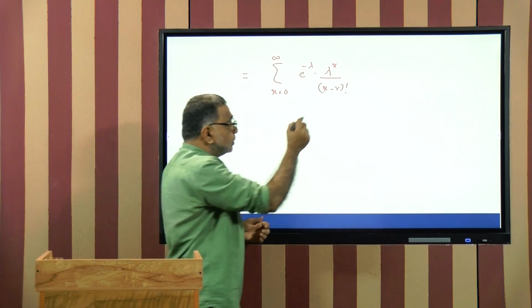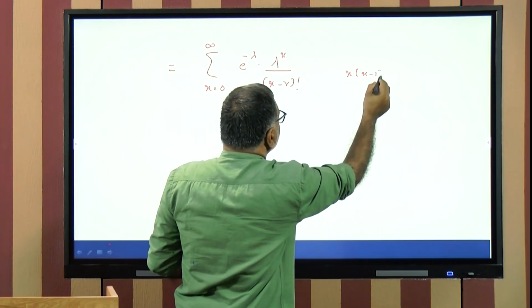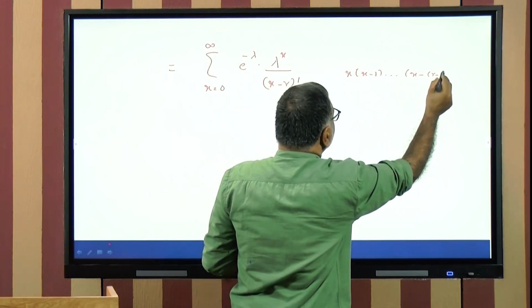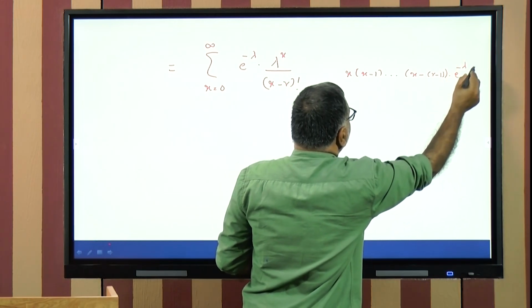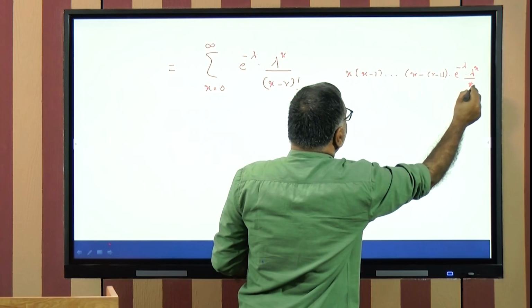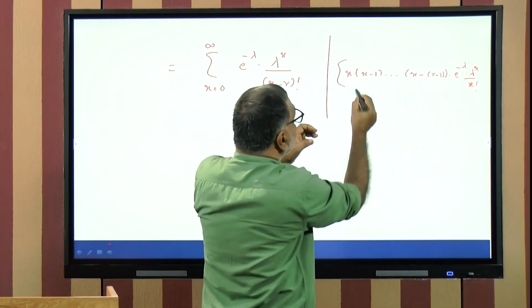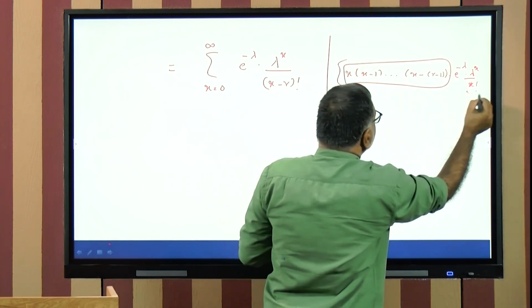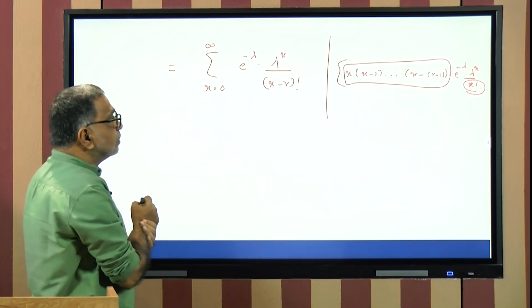Actually, the expression earlier we have is x into x minus 1 into x minus r minus 1 into e power minus lambda, lambda power x divided by x factorial was the last expression we have. See, this factor will be cancelled from here and the remaining factor is x minus r factorial.